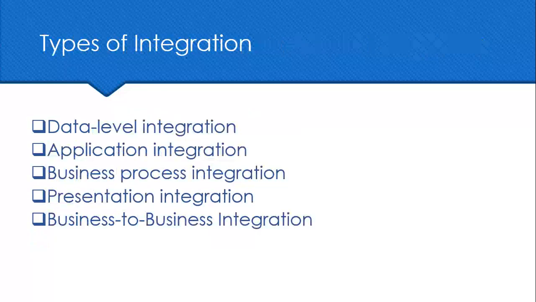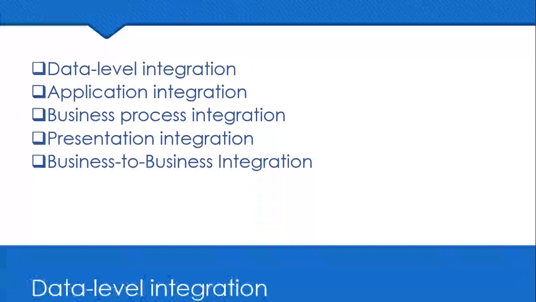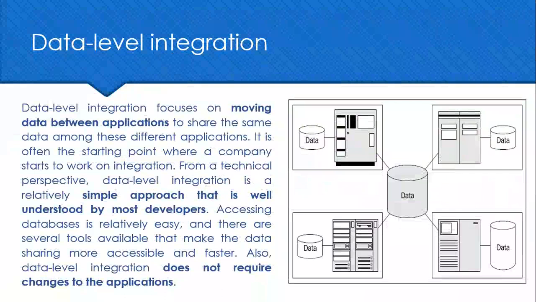So there were types of integration. These are the data level integration, application integration, business process integration, presentation integration, and B2B integration or business to business integration. The data level integration focuses on moving data between applications. So these are one way of integrating a system.